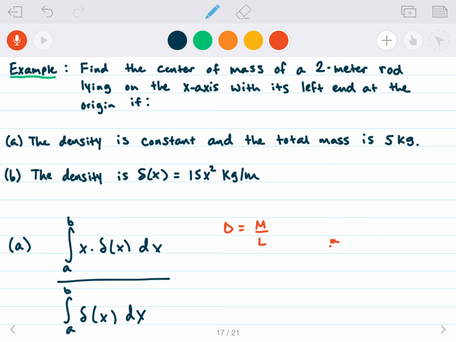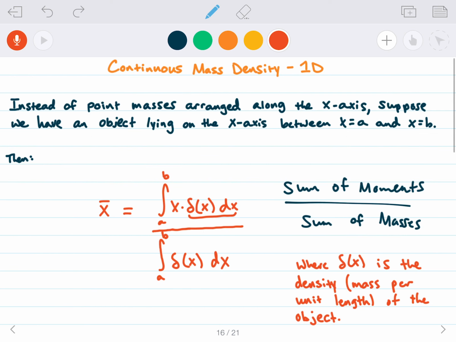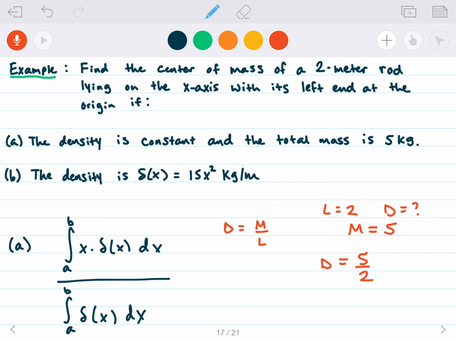And we don't know what the density is, but what we do know is that the mass is 5 kilograms, all right? So using this formula, we have that the density is equal to 5 over 2. So that's our constant density. Okay? So let's go ahead and replace that in here with 5 over 2.